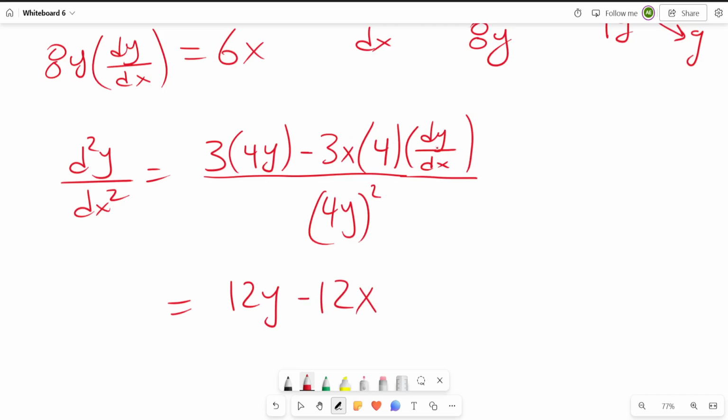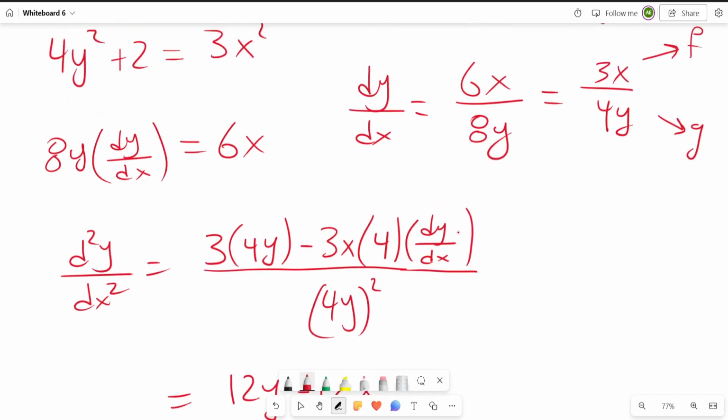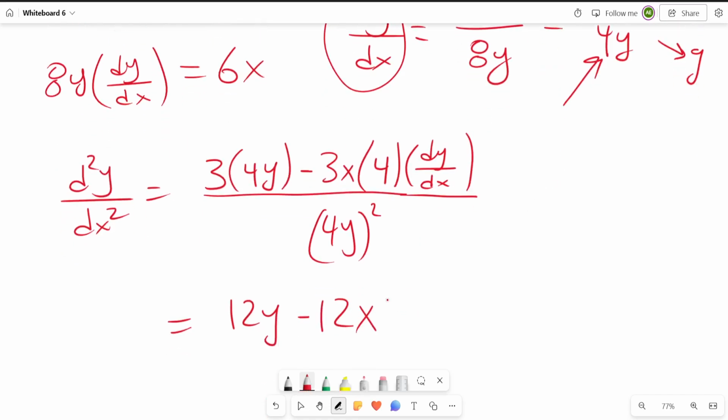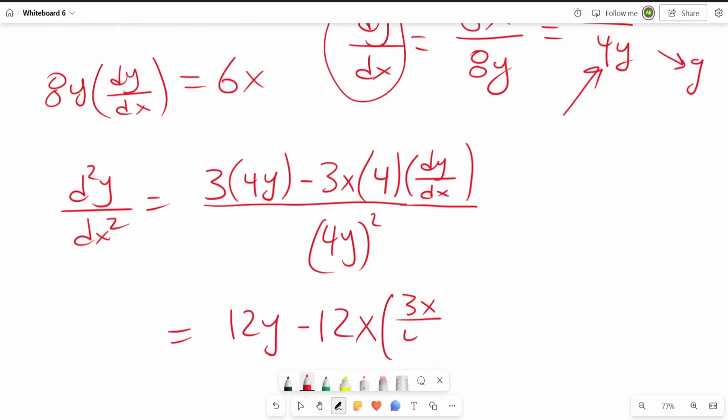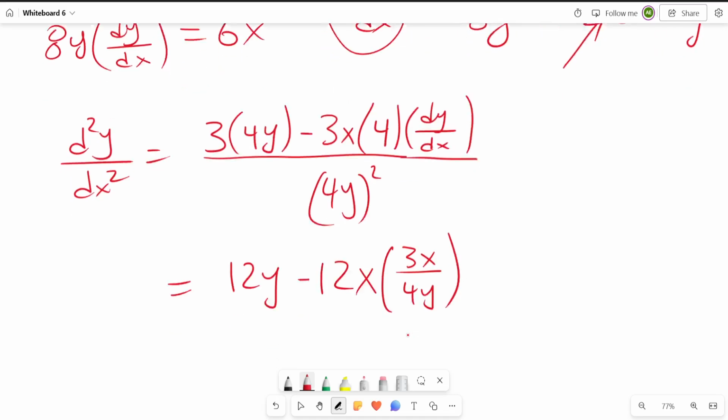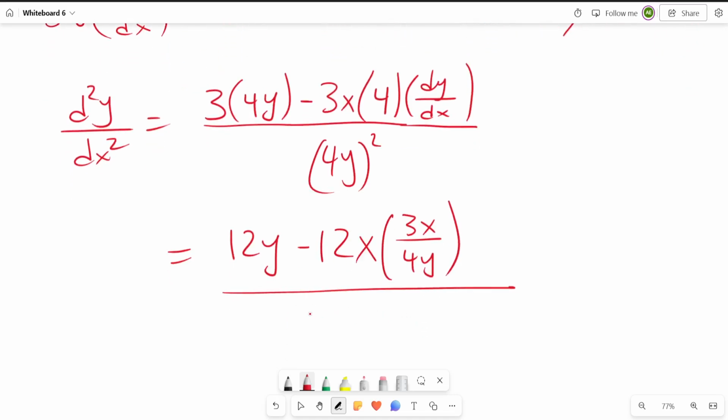Then what is dy by dx? I know from here that dy by dx is basically this, 3x over 4y. So I can substitute, instead of multiplying dy by dx, I can multiply its equivalent, which is 3x over 4y. And then over 4 squared is 16y squared.